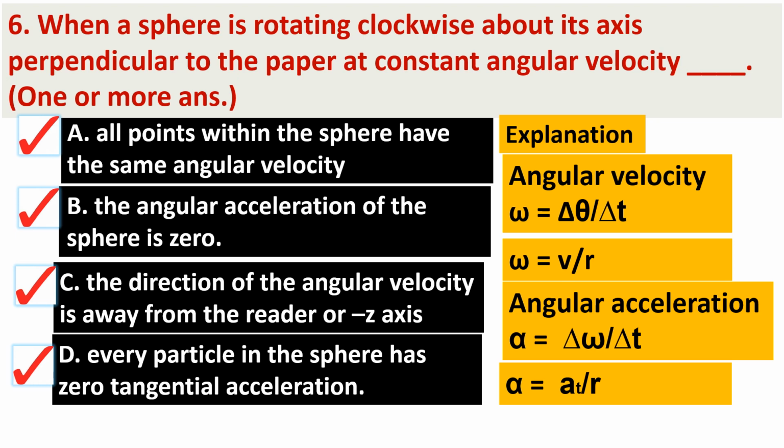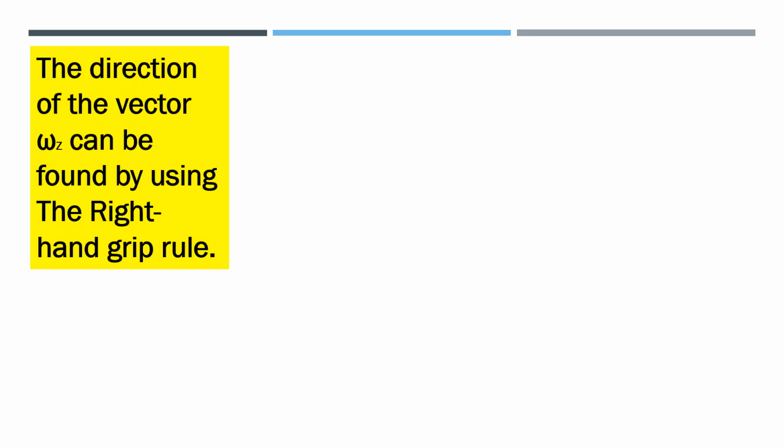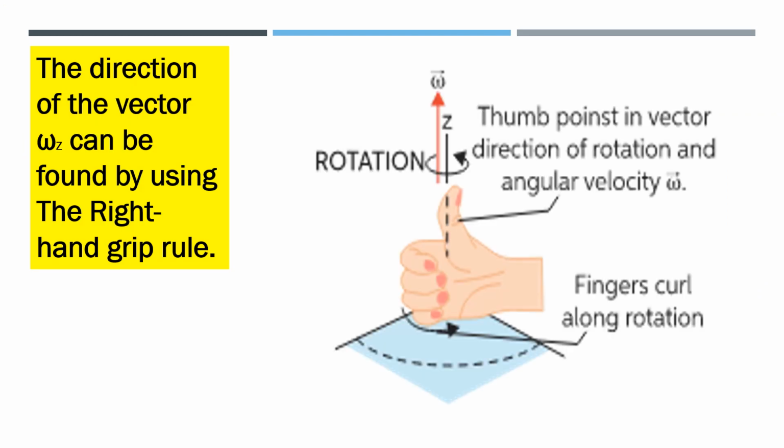We have a rule in determining the direction of the angular velocity given the direction of what we call the rotational motion. Here it is. According to the figure, in order for us to determine the direction of the vector omega along the z-axis, we have to use what we call the right hand grip rule.